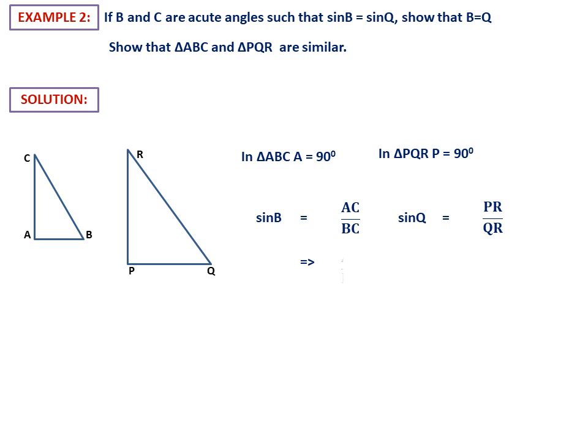So this implies AC by BC equal to PR by QR, because sin B equal to sin Q. And angle A is 90 degree, angle P is 90 degree. Therefore, triangle ABC and triangle PQR are similar. So by criteria, we have studied this in geometry.